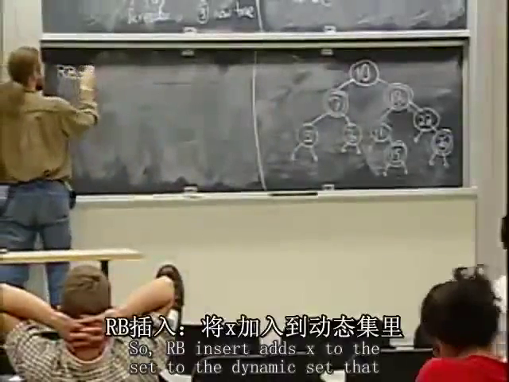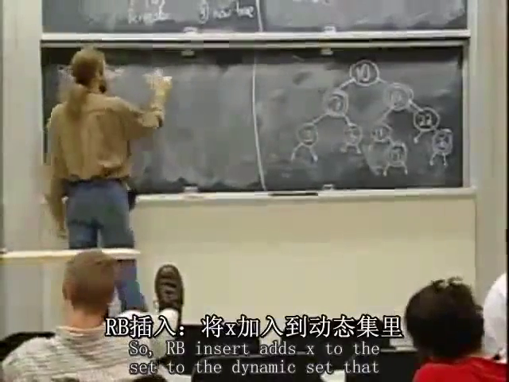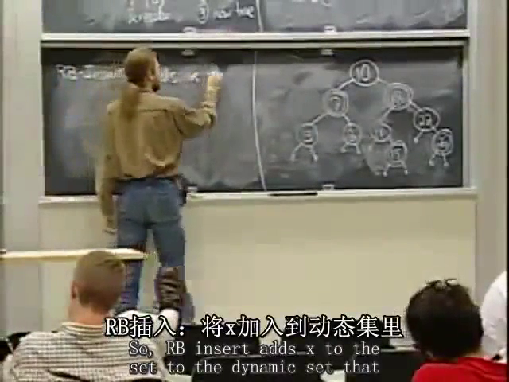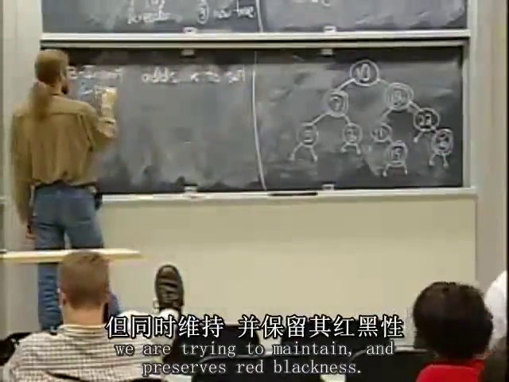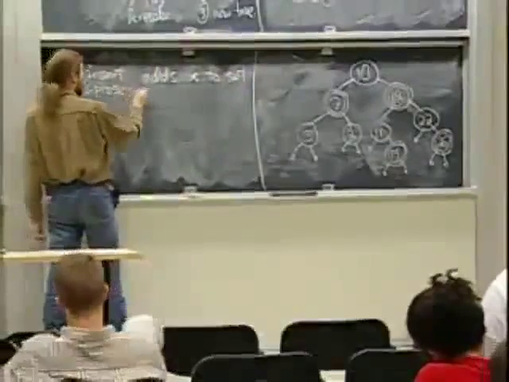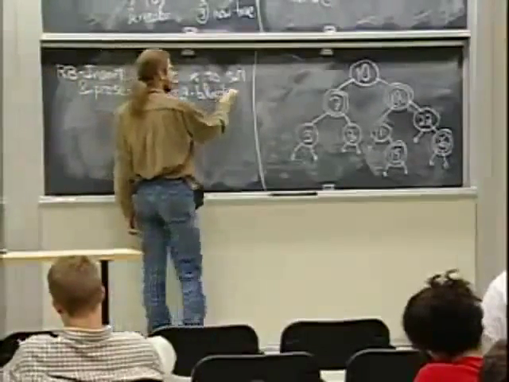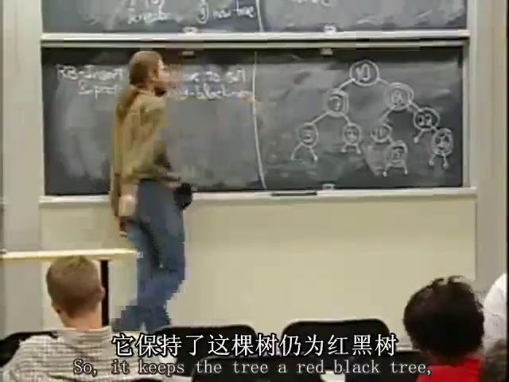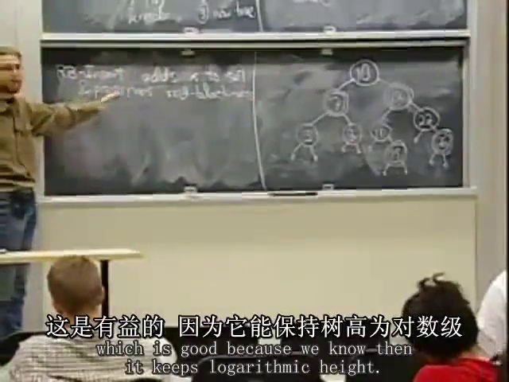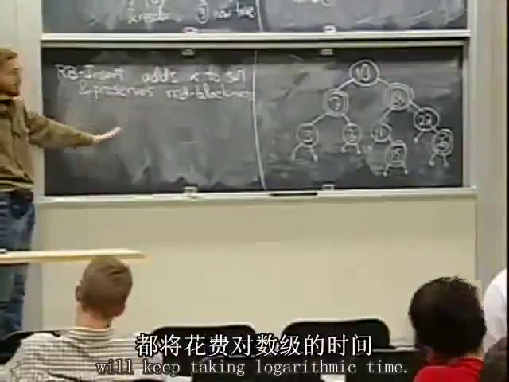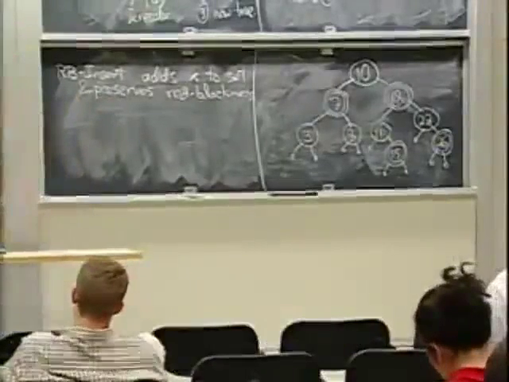So RB insert adds X to the dynamic set that we're trying to maintain, and preserves red-blackedness. So it keeps the tree a red-black tree, which is good, because that means we know then that it keeps logarithmic height. Therefore, all queries in red-black trees will keep taking logarithmic time. How long does red-black insert take?